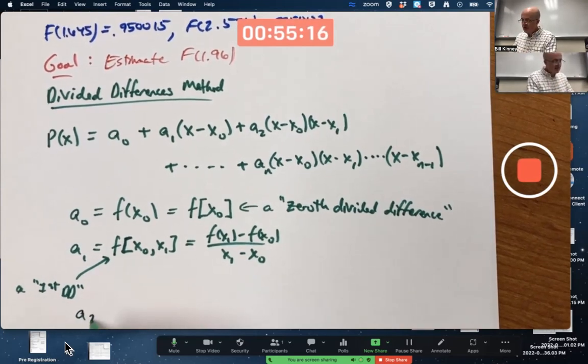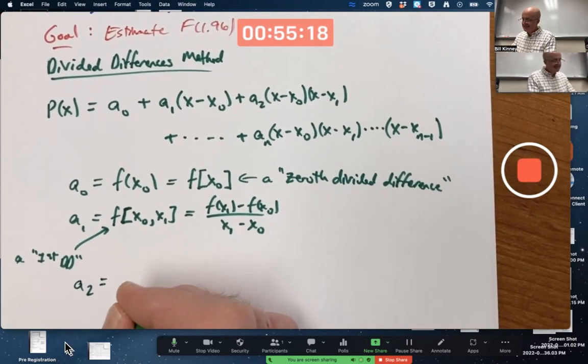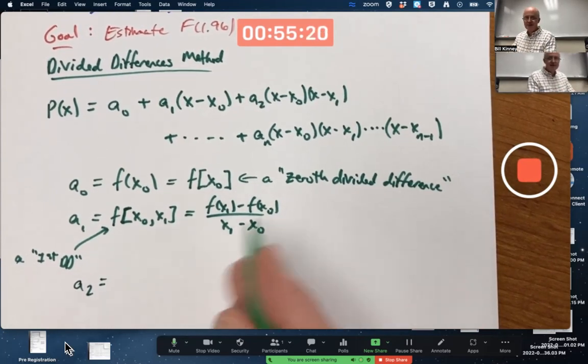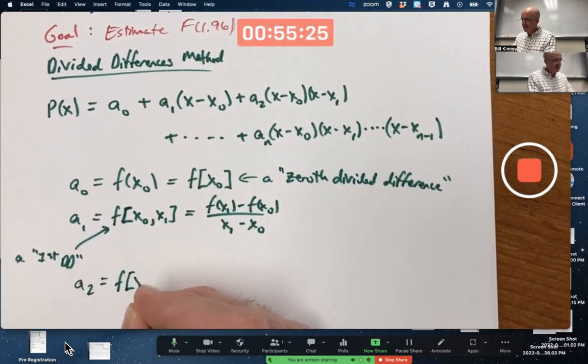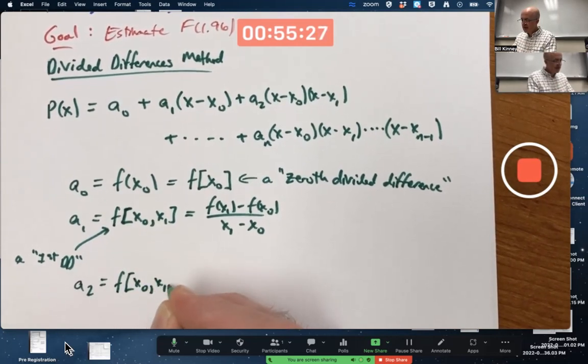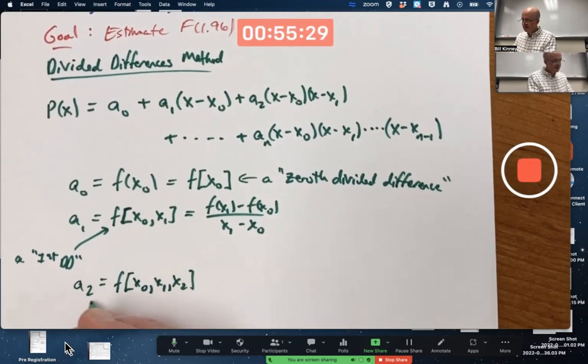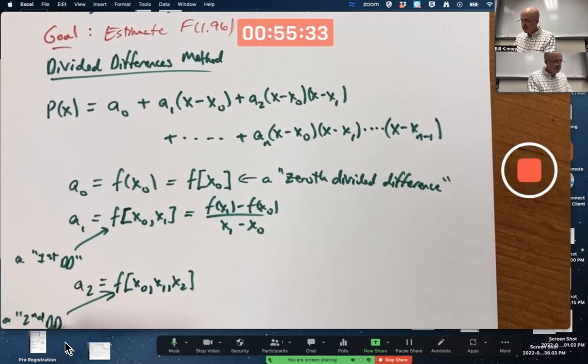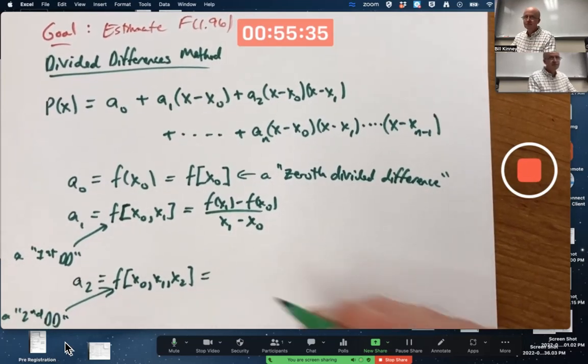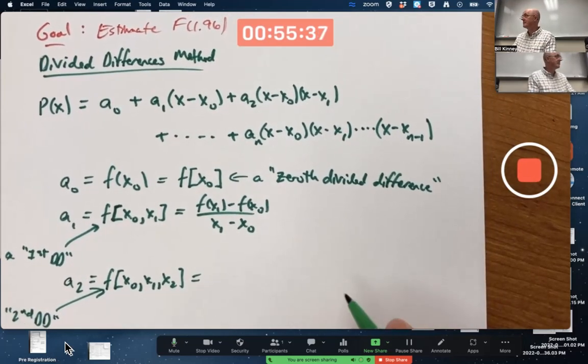It turns out that A2 is, well, we've had a 0th divided difference and a first divided difference. How about a second divided difference? f of x0, x1, x2. A second DD. It's iterative. It's a divided difference of first divided differences.